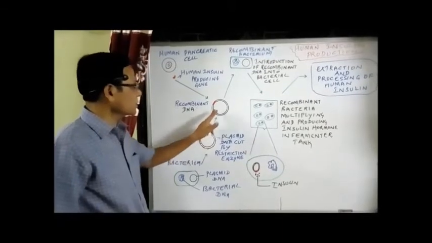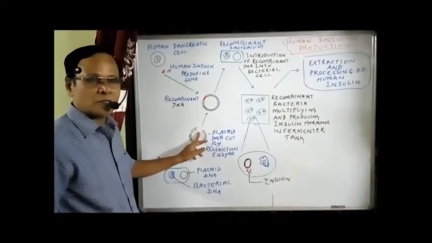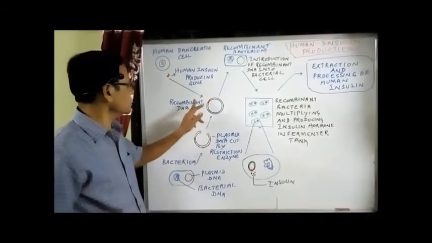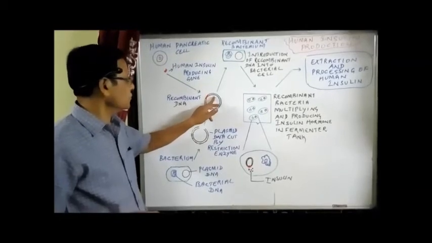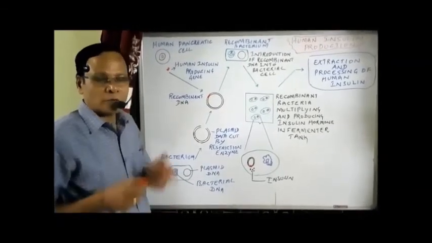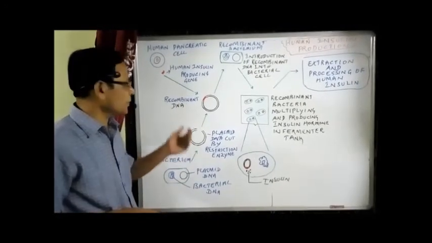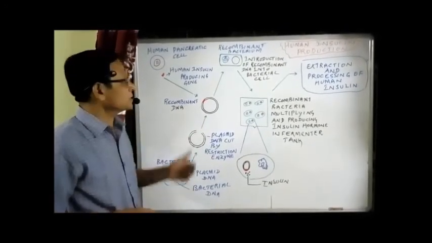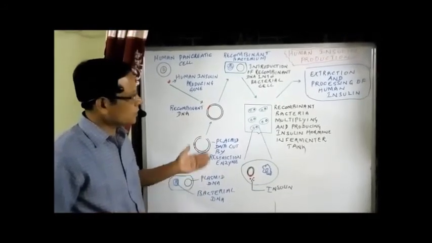The cutting open is done by the restriction endonuclease enzyme, called a molecular scissor, and the joining of the DNA of interest with the plasmid DNA is done by another enzyme, ligase, called the paste molecule. That's about insulin production and its use. You have to go on to the next one.